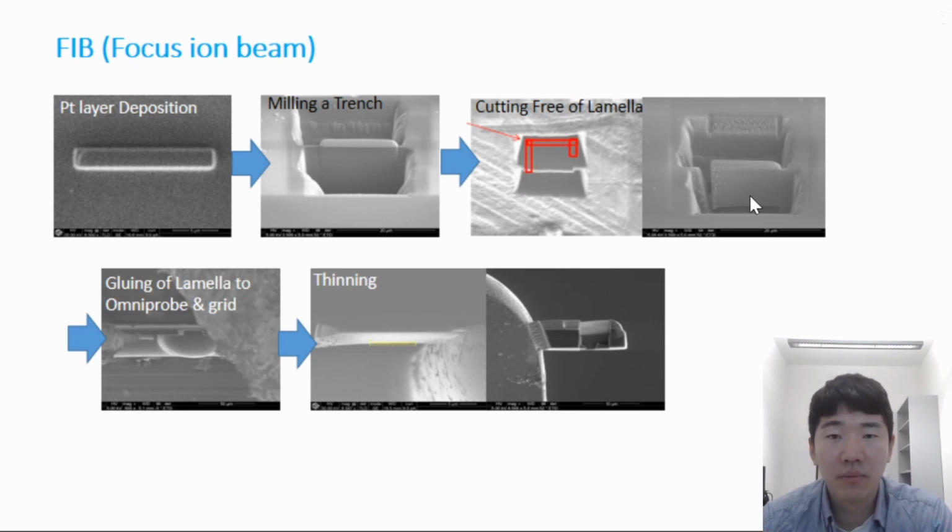Then we put in the Omni probe, which is a precisely controllable needle in the system, to take the sample out and put it on the grid and glue it. Then we thin down the sample on both sides with the focused ion beam again.